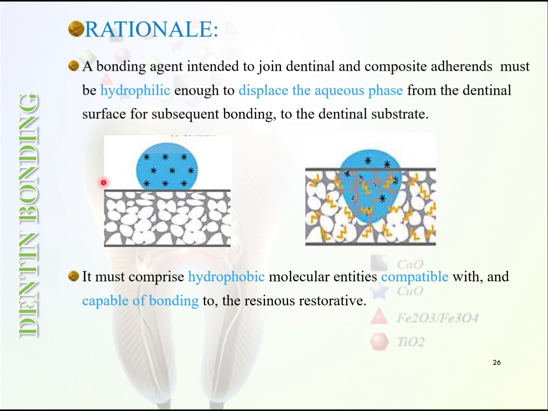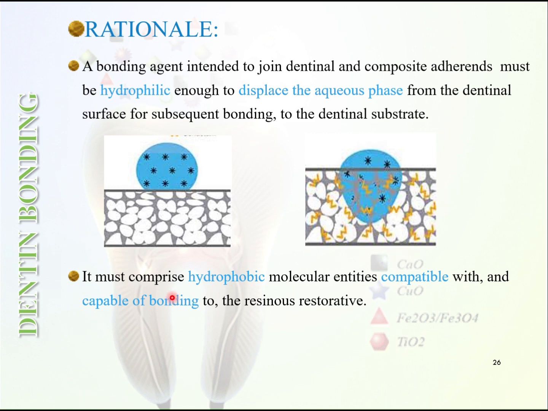So based on this, different rationales were developed, where they said that the bonding agent for dentin should be both hydrophilic and hydrophobic, so that it can adhere to both the hydrophilic part and the hydrophobic part.